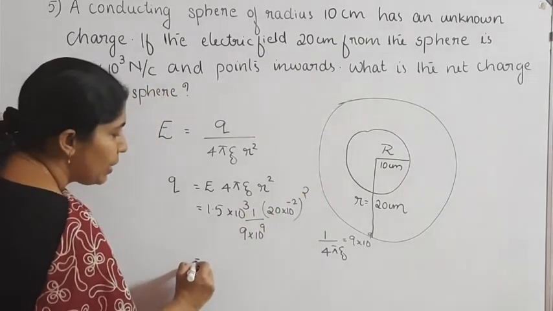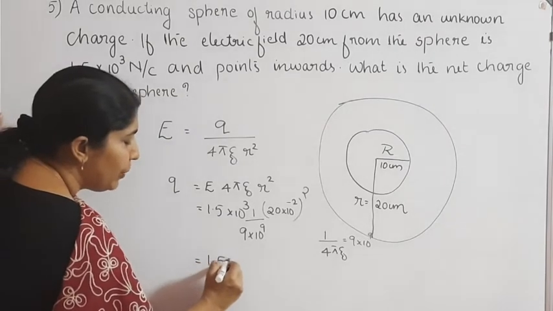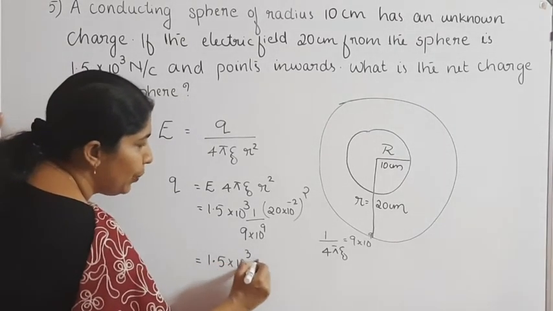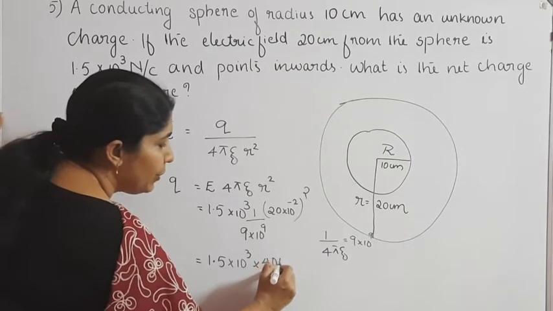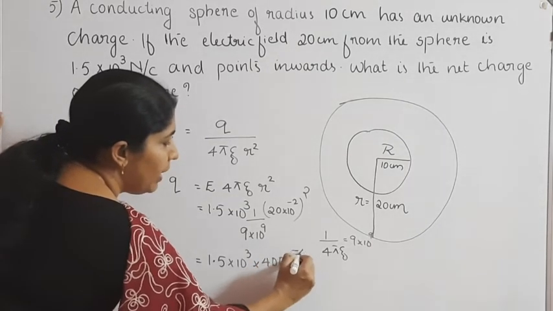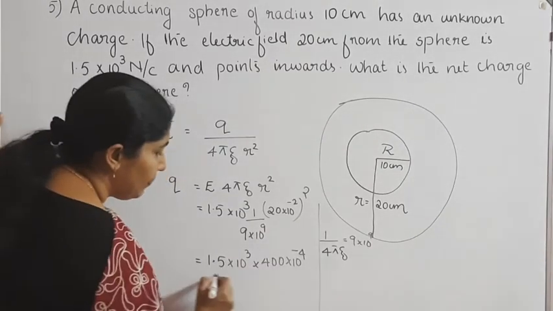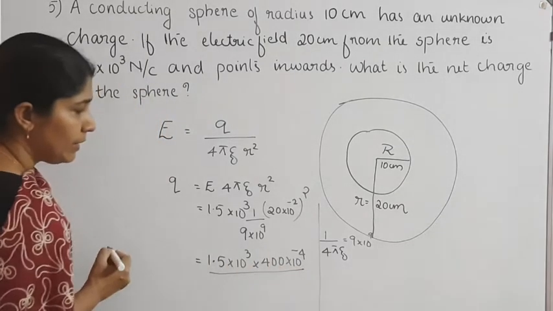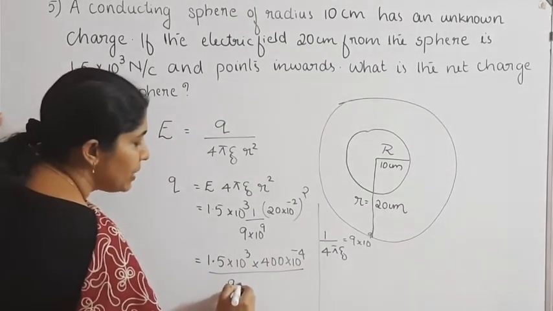That's equal to 1.5 into 10 raised to 3 into 400 into 10 raised to minus 4 divided by 9 into 10 raised to 9.